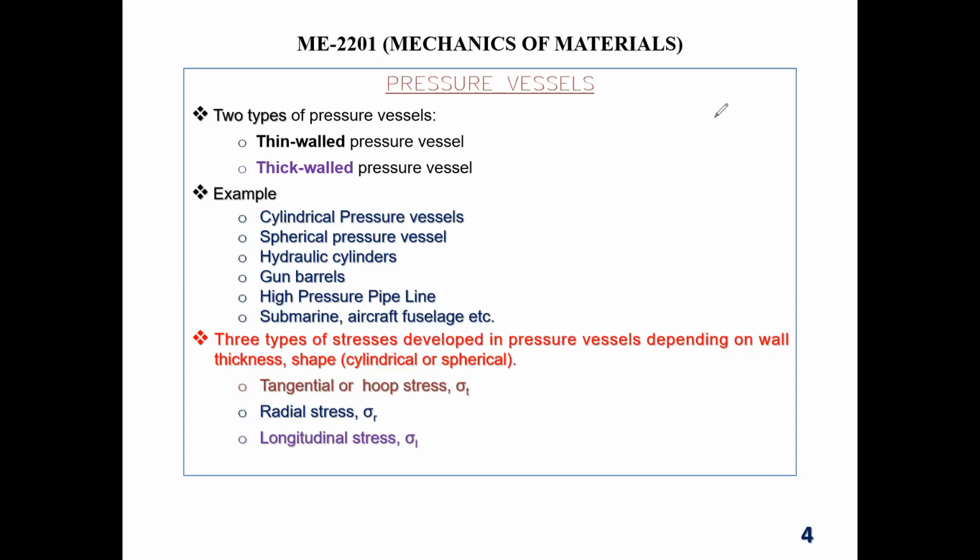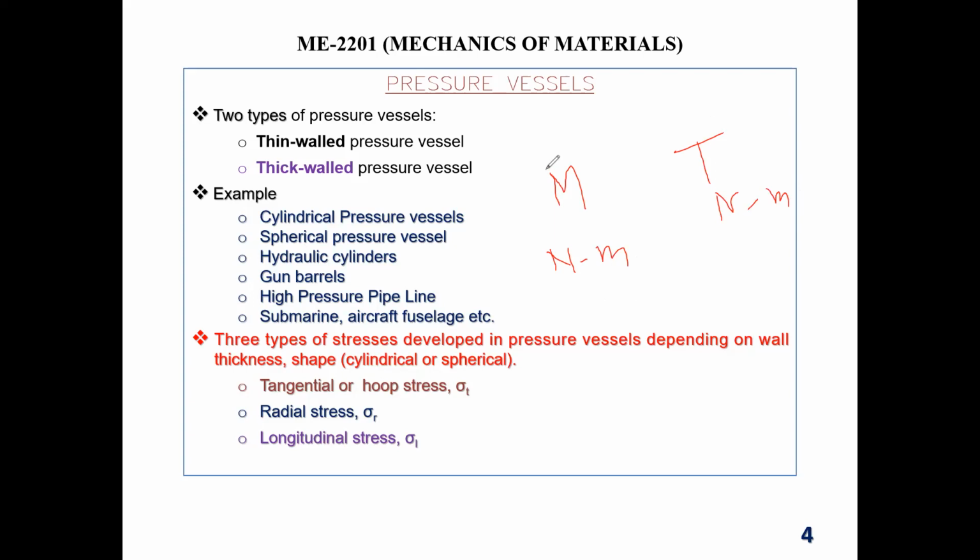Now we have 4 minutes, right? Yes, sir. I would like to discuss something else. What is the difference between bending moment and torque? The unit of bending moment and the unit of torque is the same: newton meter or foot pound, right?